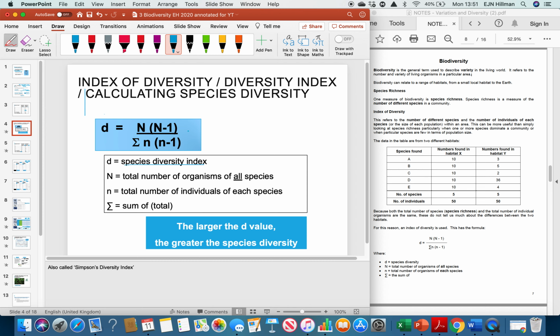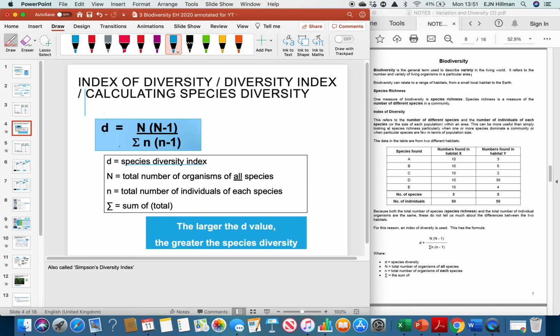That is divided by the sum of, so this symbol here, sigma, means the sum of, so you're going to add up the total number of individuals of each species, so the populations of each species, multiplied by little n, population of each species, minus 1.